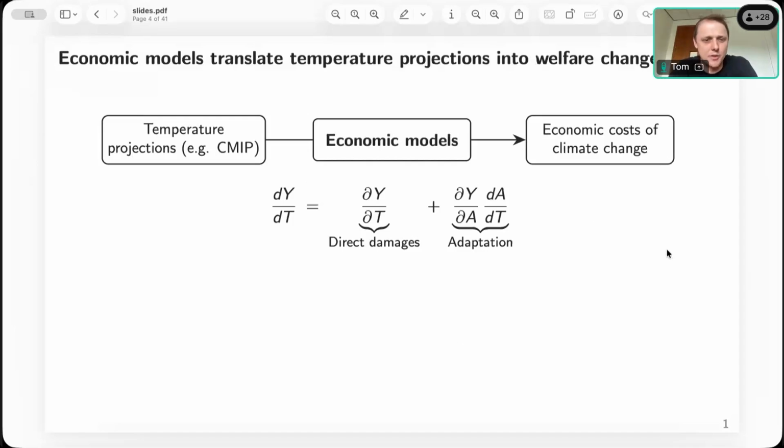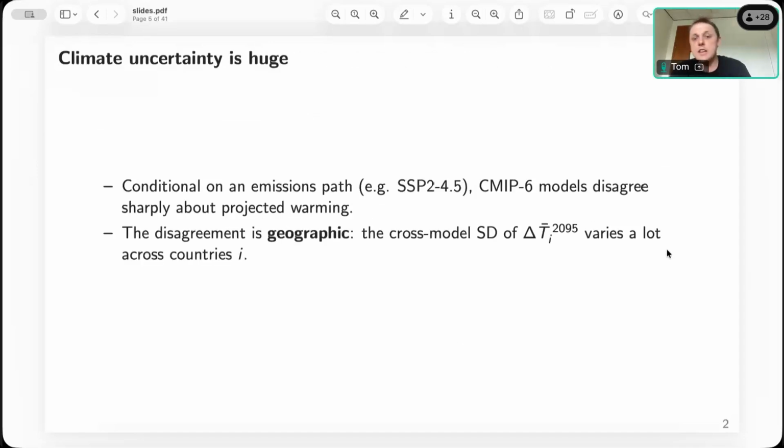Now, another thing I'm sure you're all aware of is there's a lot of uncertainty about how much temperatures will change. So even conditional on a given emissions pathway, the CMIP models disagree a lot about how much warming there will be. And they disagree geographically as well. So there's a lot of variation in certain high latitude countries, for example, but there's a lot of variation throughout the world.